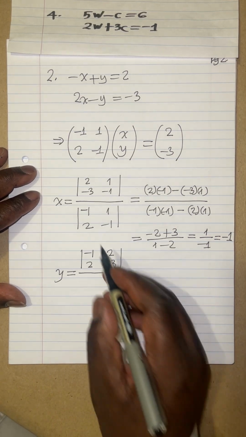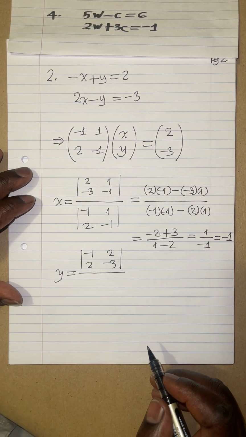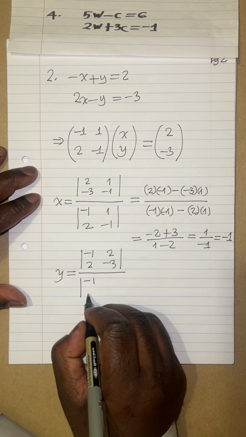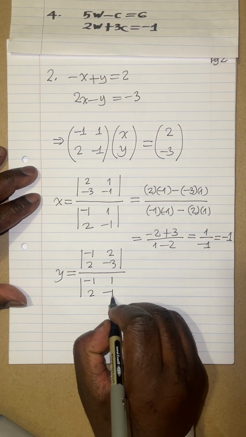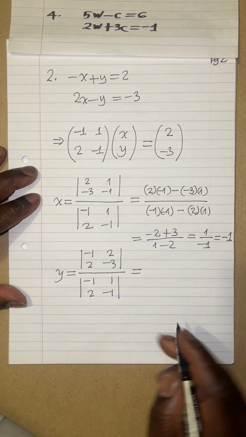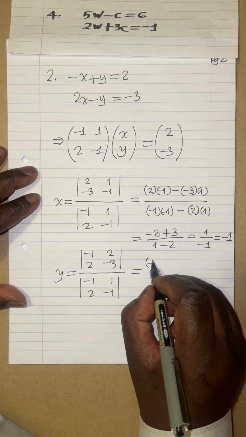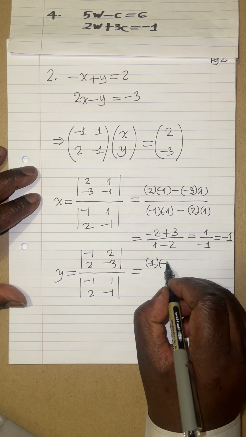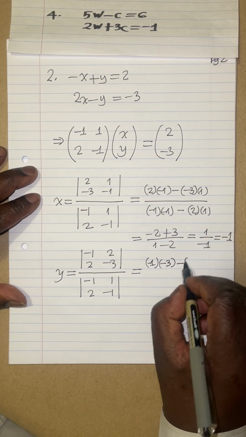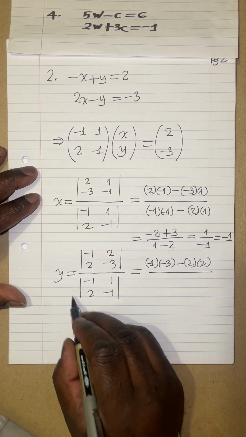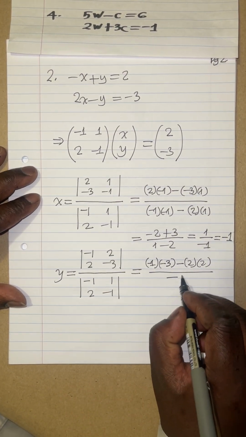In the denominator, we still have the same coefficient matrix, the determinant of minus 1, 2, and then 1, minus 1. We know the result of the denominator. Numerator: product of elements on the right diagonal minus product of elements on the left diagonal. The denominator, we've seen already, reduces to minus 1.